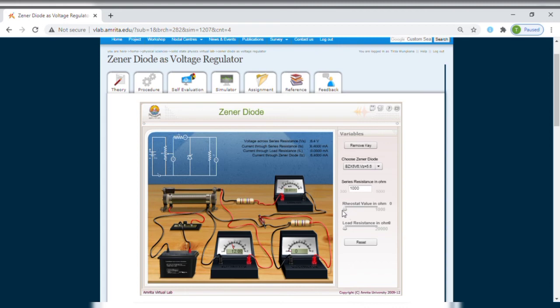And then next is change the load resistance with the interval of 100 or 1000 ohm up to maximum range. Okay, so the load resistance, but for this I'm going to use the interval of 500, not 100 or 1000.